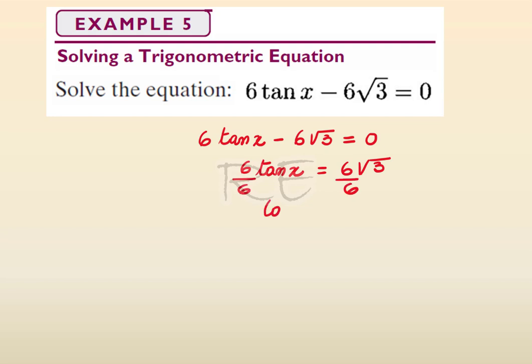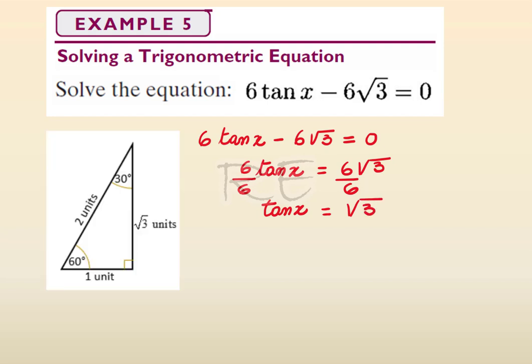Divide both sides by 6, and tangent x is equal to square root of 3. Now we're going to look at the reference triangle. The arc whose tangent is equal to square root of 3 is 60 degrees or pi over 3.